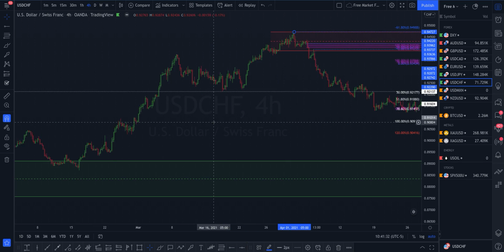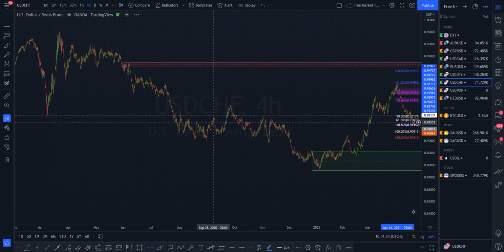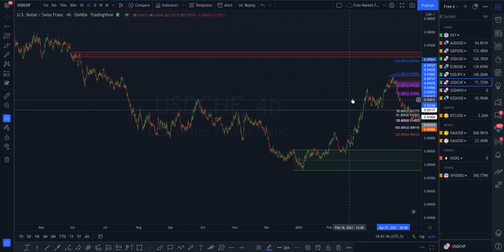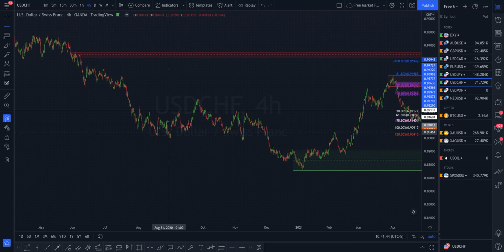Partials at this high. I hope you guys are enjoying this free market analysis as much as I am. Of course, partials at 61.8. Partials at this high. I do see a gap.